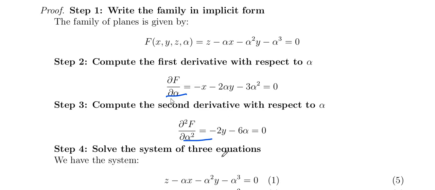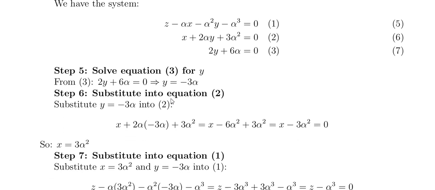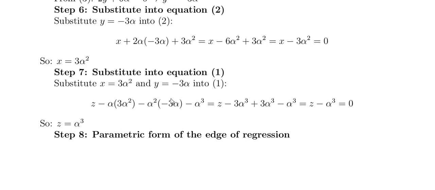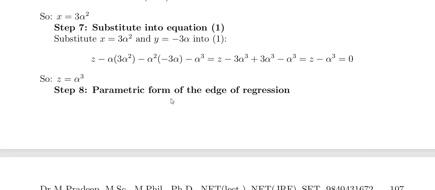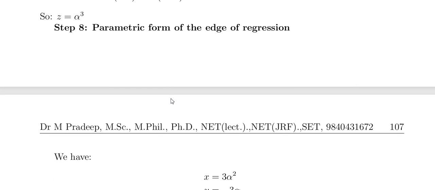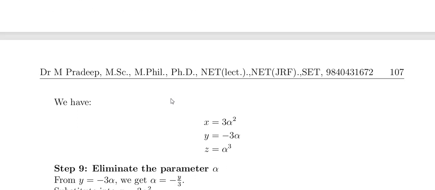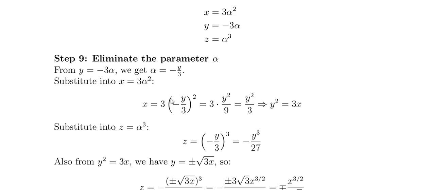Solve all three equations of the given system together, and the output you get is the edge of regression. We substitute one by one here: y equal to 3 alpha, substitute it back. x equal to 3 alpha square, y equal to minus 3 alpha, substitute both. Then we get z equal to alpha cube. So z equal to alpha cube, y equal to minus 3 alpha, x equal to 3 alpha square is called the edge of regression.